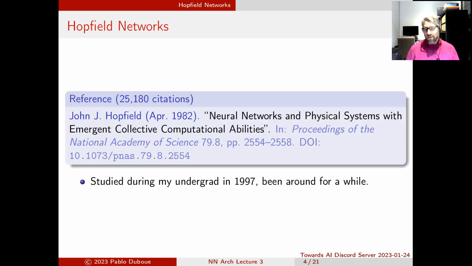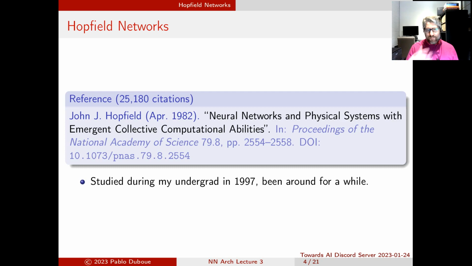So Hopfield networks are the work of Professor John Hopfield. They have been studied for many years, to the point that, for example, I studied them in my own undergrad in '97, so they have been popular for a long while.